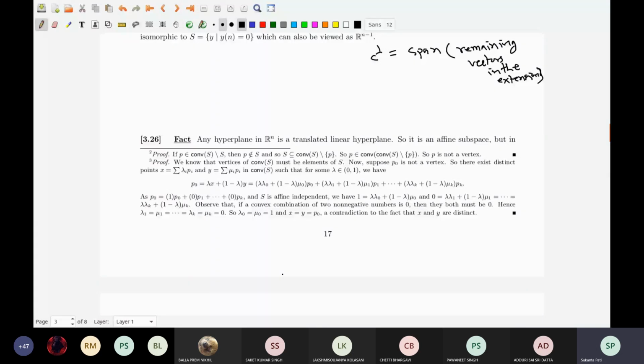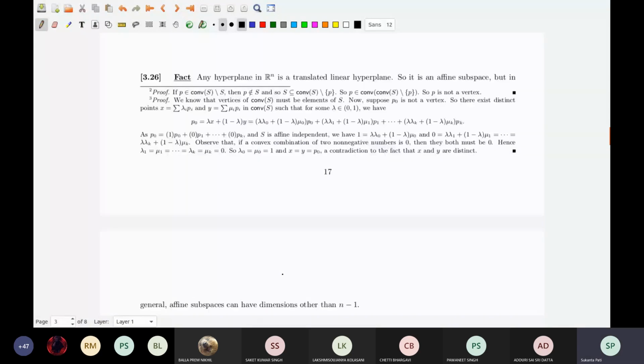But remember that when I say hyperplane, I mean a translated subspace of dimension n-1. Whereas in general, affine subspaces may be translations of subspaces of any dimension; they can have dimension other than n-1.